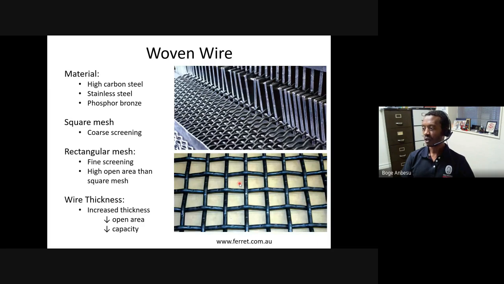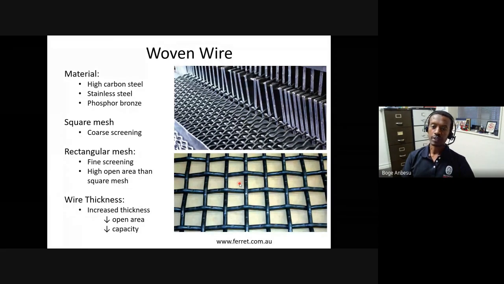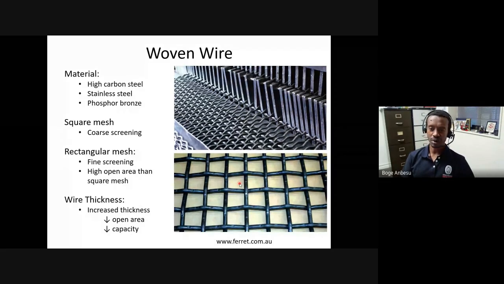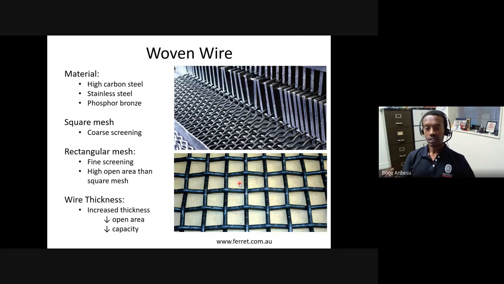You can make the hole larger or smaller, and you can make the wire thicker or thinner. The difference is obviously that when you make the wire thicker, you are reducing the open area available for screening. But on the other hand, you increase the durability of the screen. So if I'm dealing with very abrasive particles or very large particles in my operation, I tend to make the wire thicker.